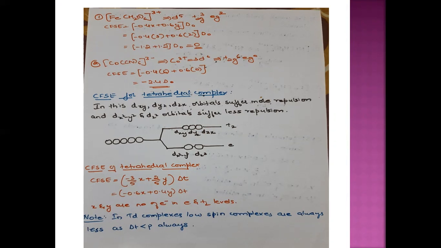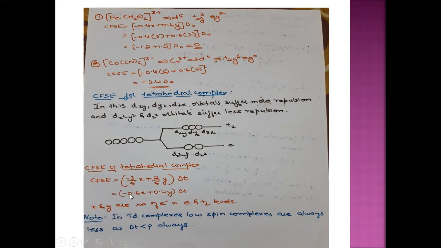But the formula is a bit different here. Instead of minus 0.4x, it is minus 0.6x plus 0.4y. Always remember that the difference between the average energy and x square minus y square will always be greater compared to that of xy, yz and zx.